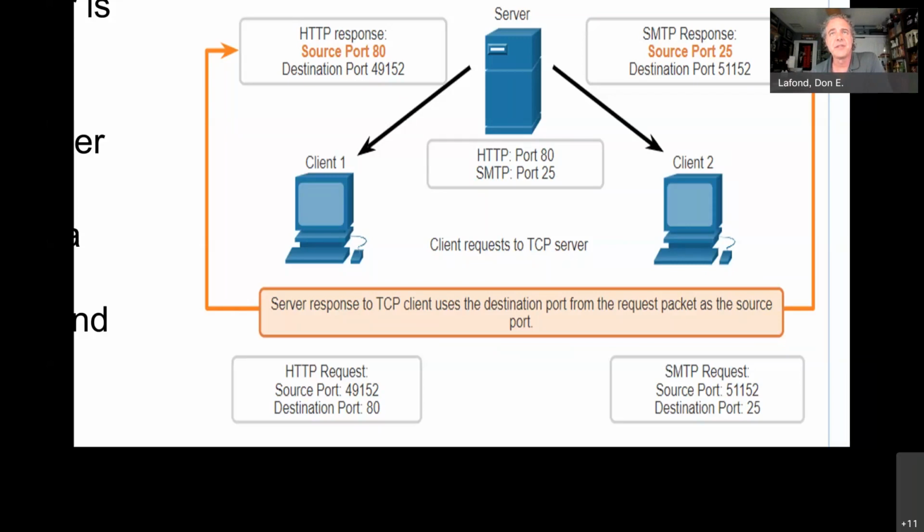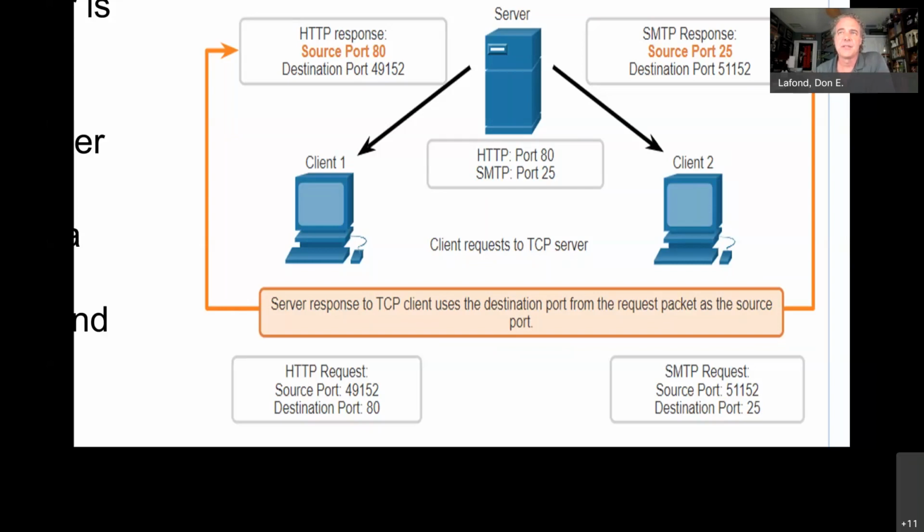The server switches it, so now the destination is the source port 49,152. When the client receives the HTML data on port 49,152 from port 80, it knows which website to give that data to. On the other hand, on the other side, it flips these two, and now the destination is 51,152. The source port, its port, is 25. It sends it to client 2.